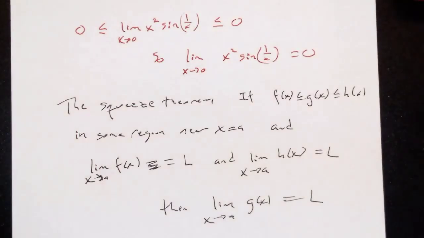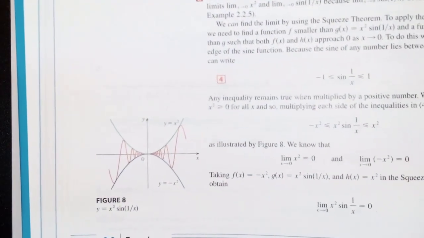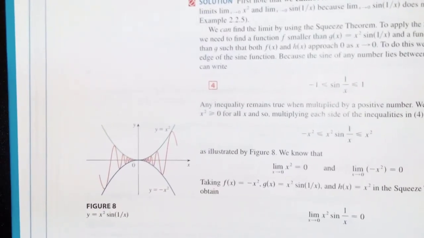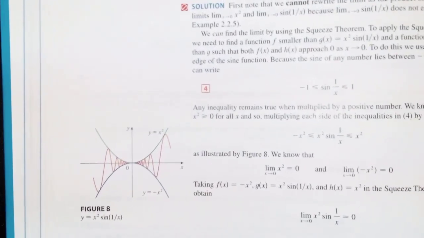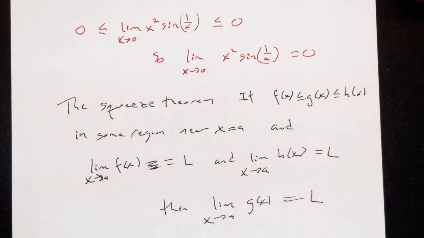On the top of page 102, our exact example appears in a graph showing you the trap. That psychotic wiggling back and forth always stays between the up parabola and the down parabola, which touch at 0. So limits obey inequalities in a nice fashion.